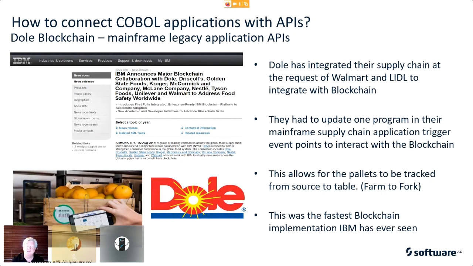So before this, when a product recall was issued from Dole, it would take anywhere from days to weeks to track down where all that food went, where all that food needed to be pulled from. Because they used object-oriented programming, they updated one program in their mainframe supply chain application to interact with IBM's blockchain solution.